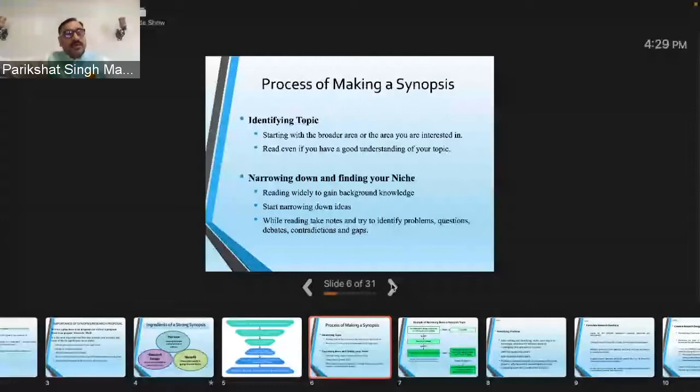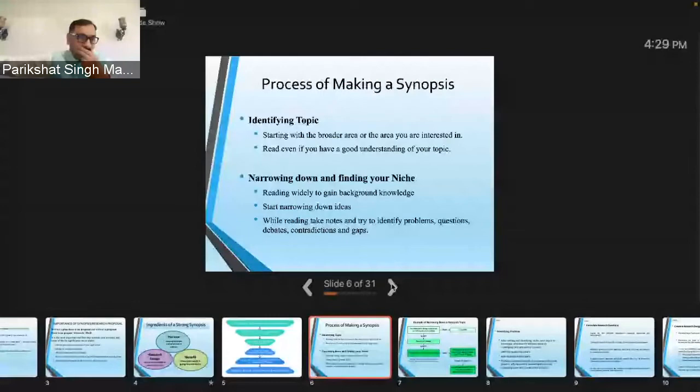There is no substitute to reading. Even if you have a good understanding of your topic, you need to read, because every other day new research is being built up. Thoughts are being brought up. New things are coming up.